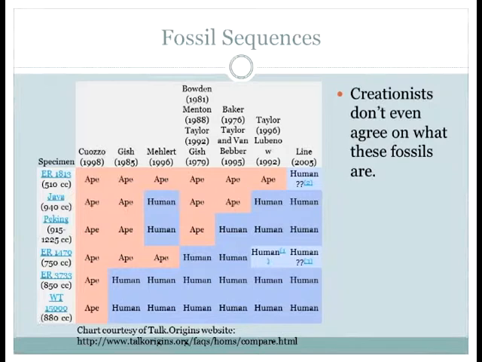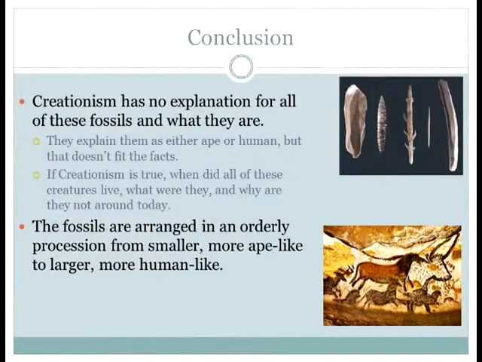So we see here even that creationists have many disagreements. So in conclusion, we can see that creationism has no explanation for all of these fossils and what they are. They try to explain them either as apes or humans, but we see that doesn't fit the facts.